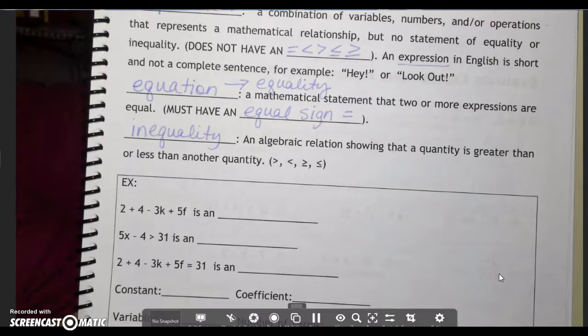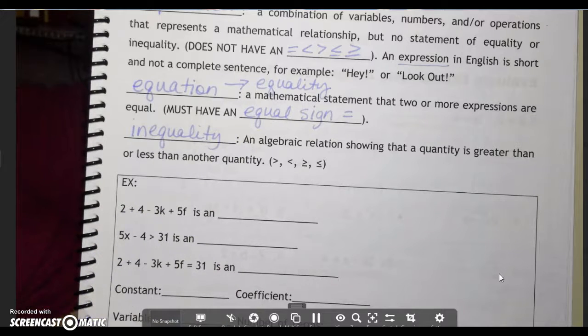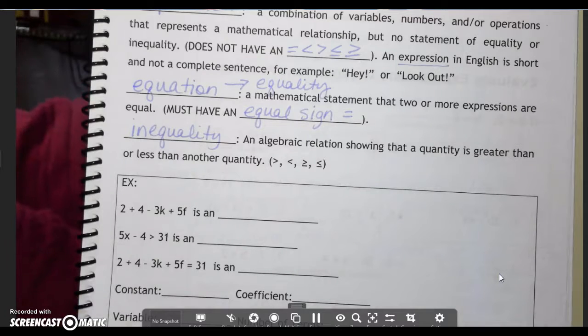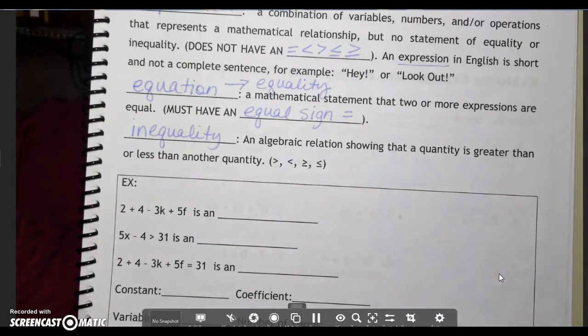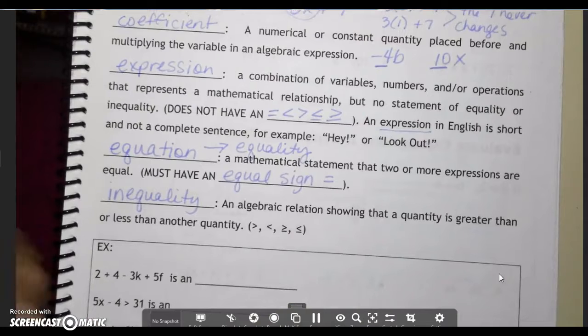Is it an equation? What does an equation have to have? Does it have an equal sign? No. So there's only one thing left that it can be. It has to be an equation, an inequality, or if it doesn't have any of those symbols in it, what is it then? Think of not a complete sentence. If something's not a complete sentence, what is it? Starts with an E. Expression, good.